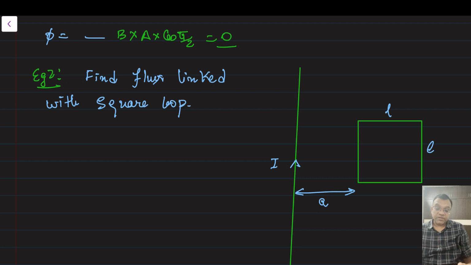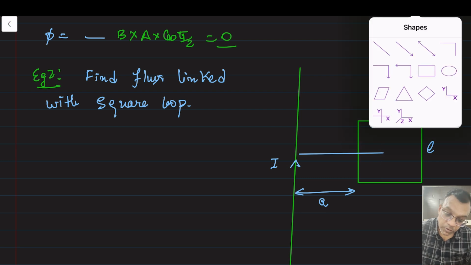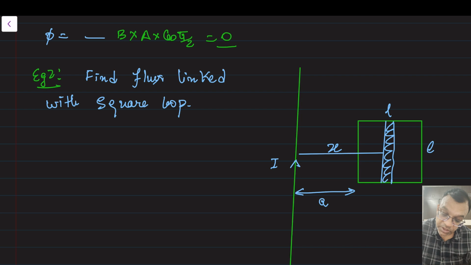Now, at different locations of this loop, the magnetic field is non-uniform, so we have to go for integration. So let us say what we are doing: at a distance x from here, I am considering a small width dx.